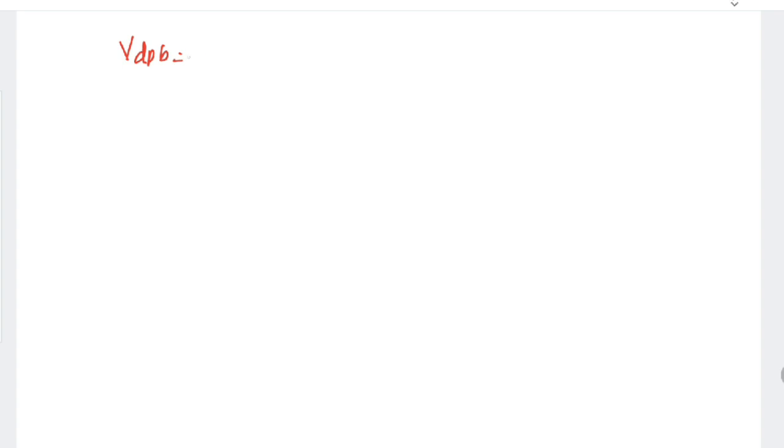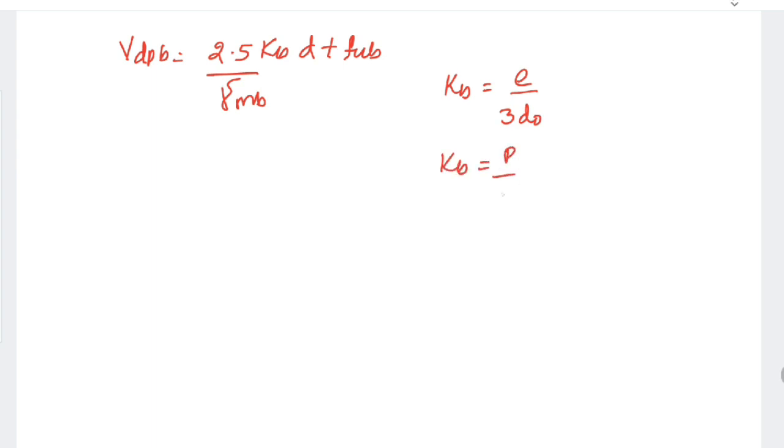Next one is VDPB need to be calculated. VDPB is equal to 2.5 kb d t FUB divided by gamma MB. So here I will be finding the value of kb. You know very well, kb is the first one, e divided by 3d naught, another kb, p divided by 3d naught minus 0.25, and third kb, FUB divided by FU, and fourth one kb is equal to 1.0.